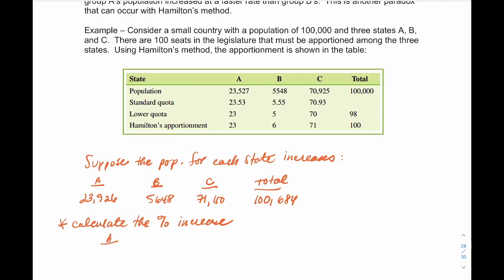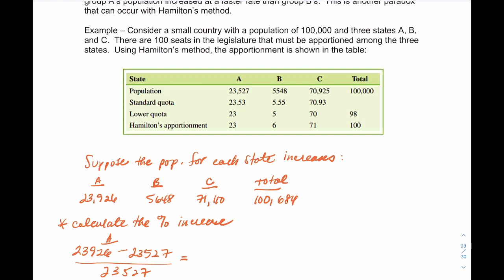The new total, which would be 23,926, you're going to subtract the old population total, which was 23,527, and then we're going to divide by the old, so the original. It's kind of like a percent increase problem when you're dealing with prices. It's always the new price minus the old price divided by the old price. So same thing, except we're dealing with population.